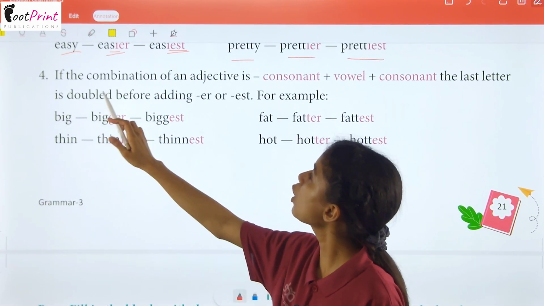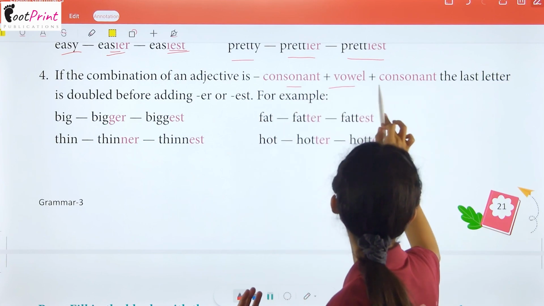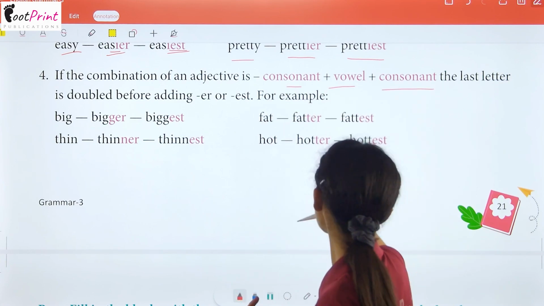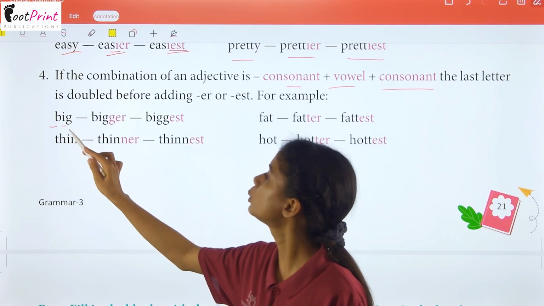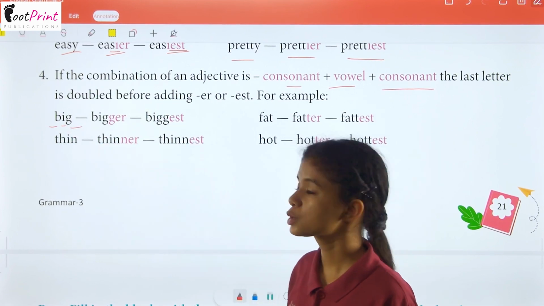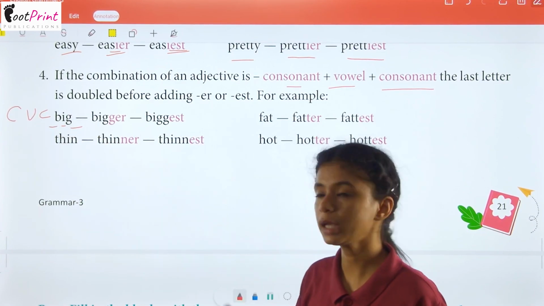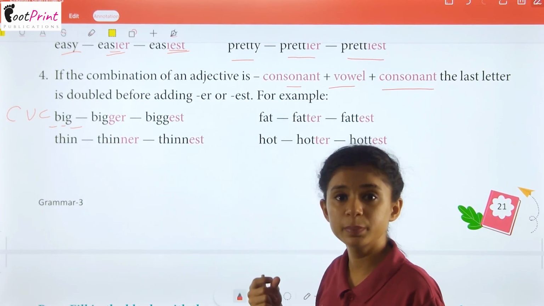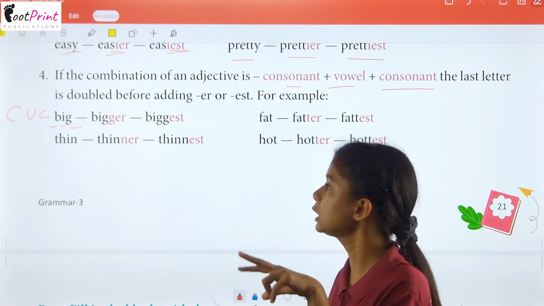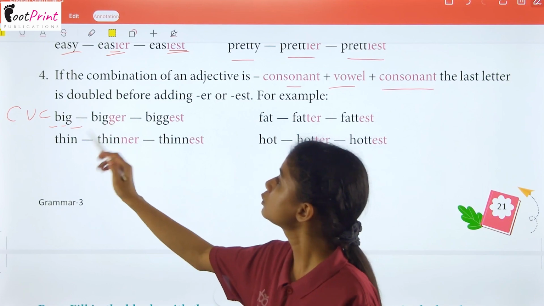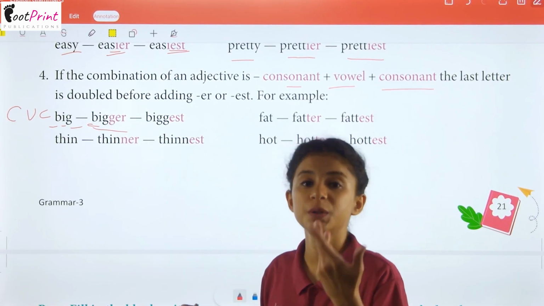Now, if the combination of an adjective is consonant plus vowel plus consonant, the last letter is doubled. Consonant, vowel, consonant. Such words are called CVC words. If this happens, we will put the last letter once again before putting the ER or EST. Just like this, big becomes bigger and G is repeated.